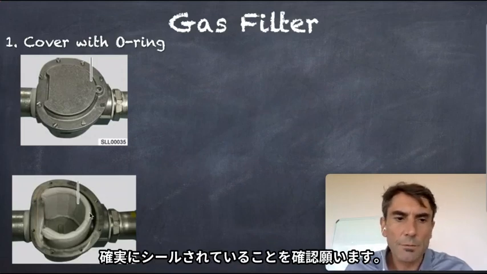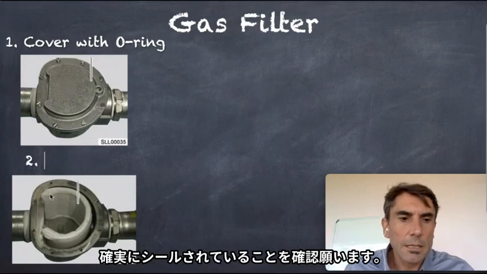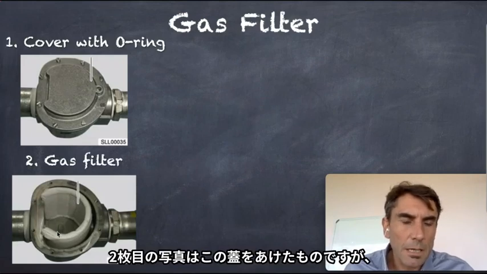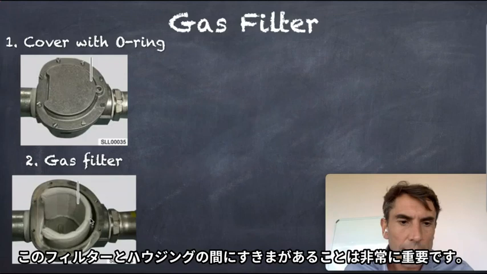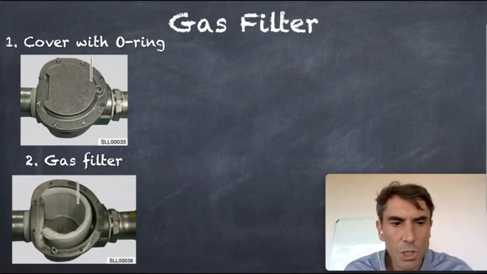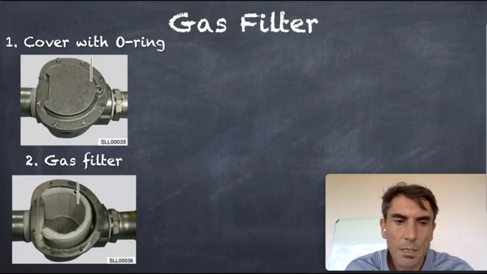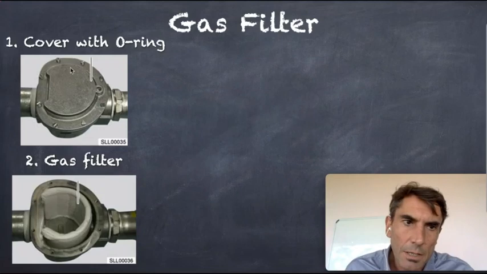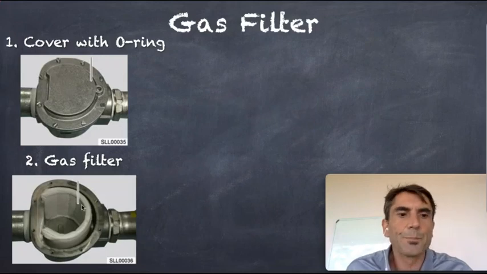If we check the filter as well, it's important that there is a small gap between the housing and the filter when you put it back in. The filter should not be lying exactly at the edge of the housing. Same on the cover, the filter is sitting underneath here, not underneath here.